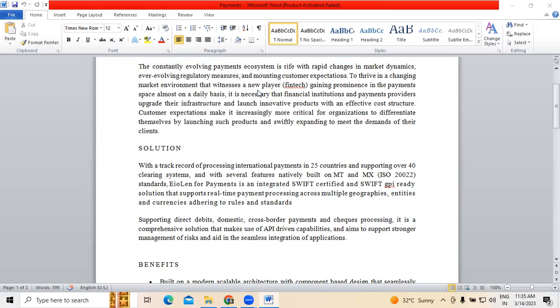That is what it was explaining to you, because it's a comprehensive solution keeping cross-border payments as well as debits, domestic and everything.